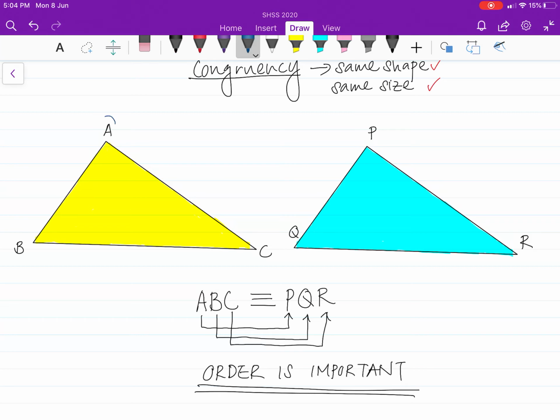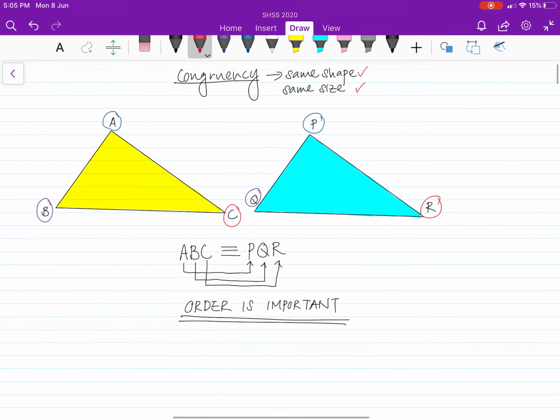If you realize, point A is the same as point P, so the position must be the same. B is the same as Q, and C corresponds to R. So I can write it in another way.